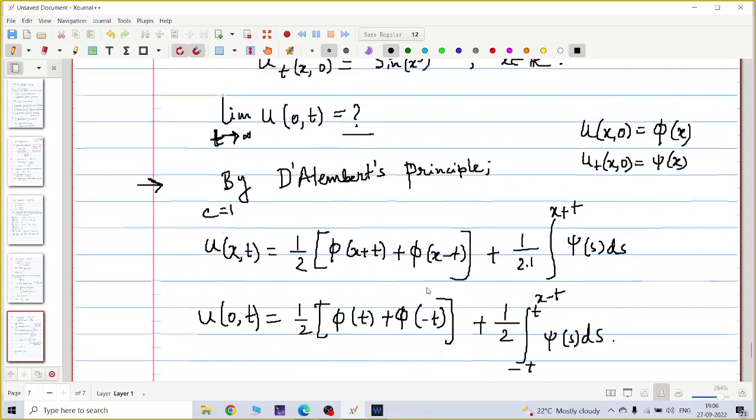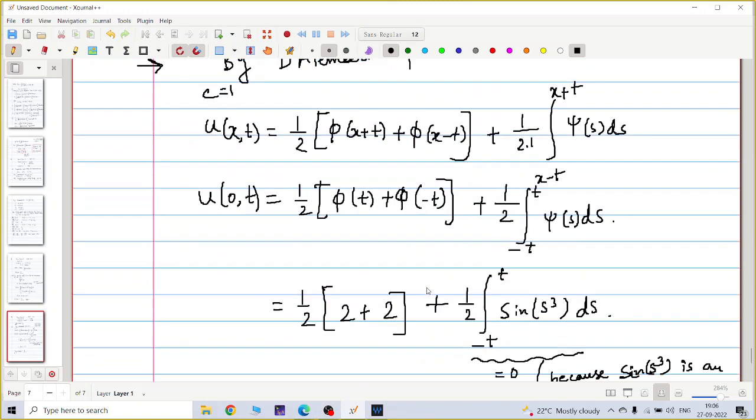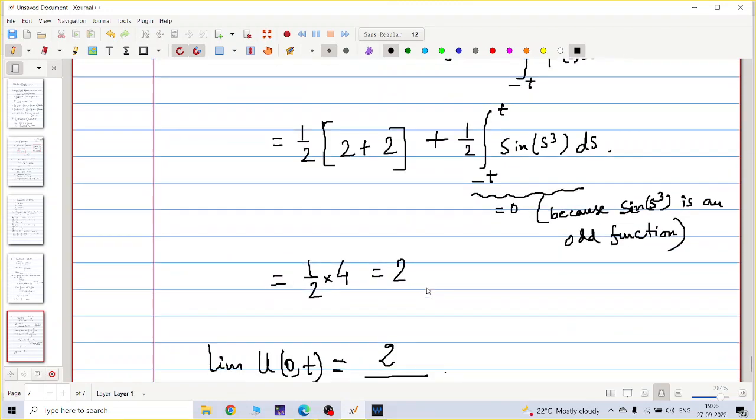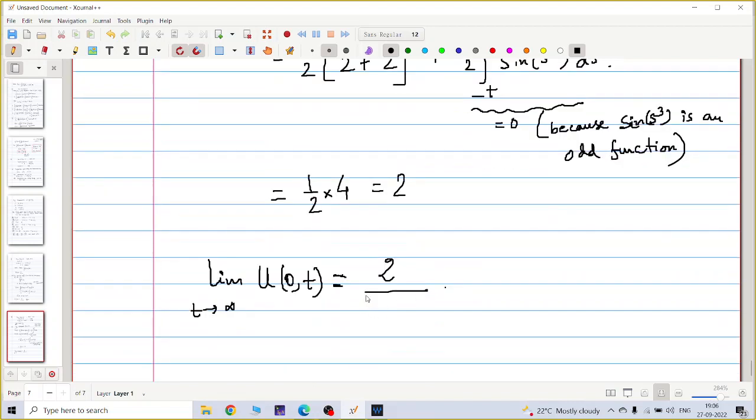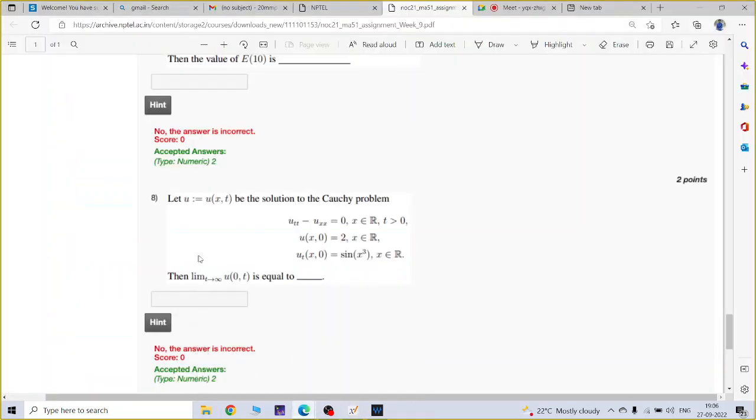I got the value of u(0, t); it is independent of t, so by taking the limit nothing will change. Let me write it clearly: the limit as t tends to infinity of u(0, t) is 2. So this is my answer. The accepted answer is 2 also.